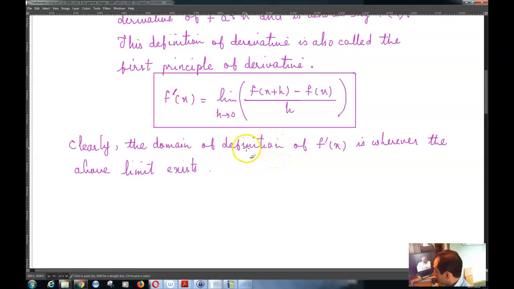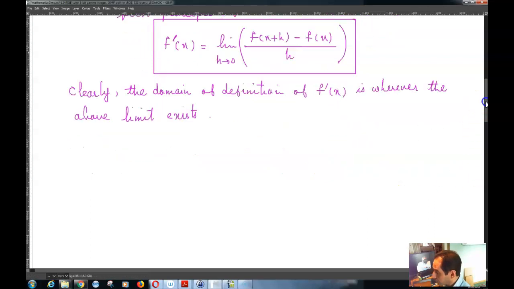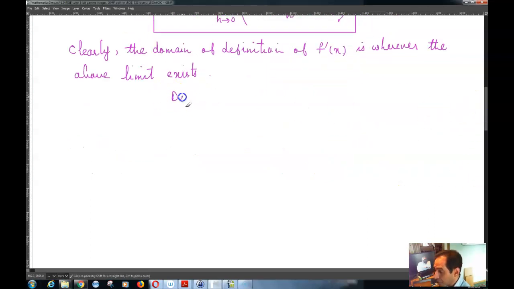There are different notations for the derivative of a function, the different notations that you can use. Sometimes you use, for example, f prime of x.